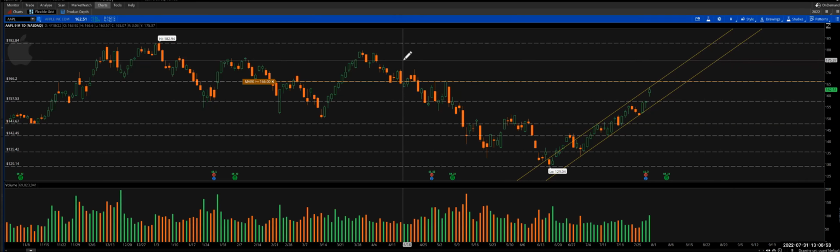Your next cluster point, or your next gravity point with Apple, would be right there, 175.57, because you can clearly see what Apple has done. Here, here, here, here, four times. That was resistance, broke through.